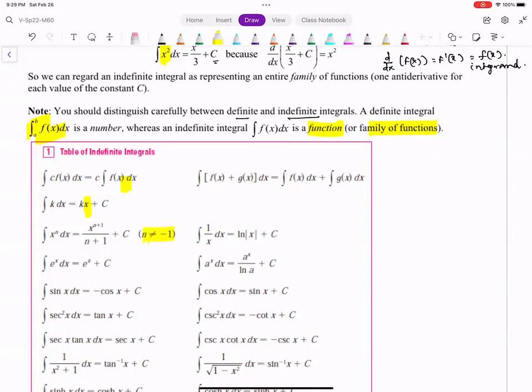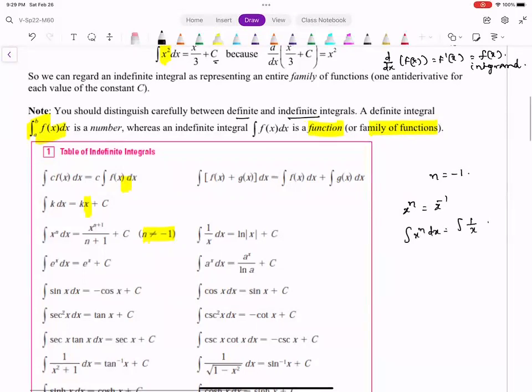What happens when n equals -1? Then x to the n becomes x to the -1, so the integral becomes integral 1 over x dx, which is ln of absolute value of x plus c. The reason is that if you take the derivative of the right-hand side, you get the integrand.